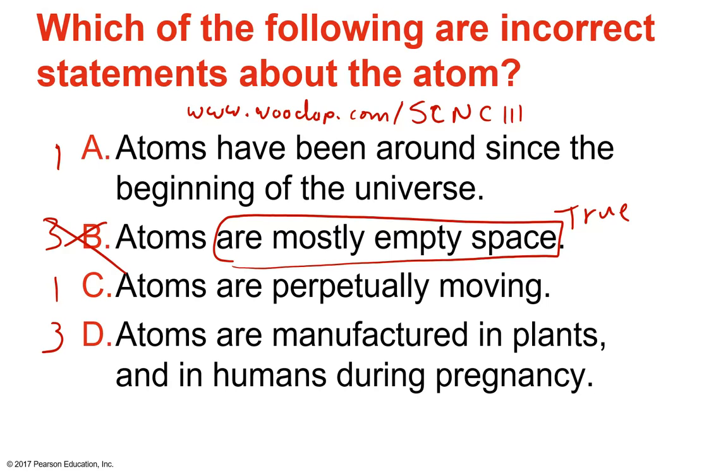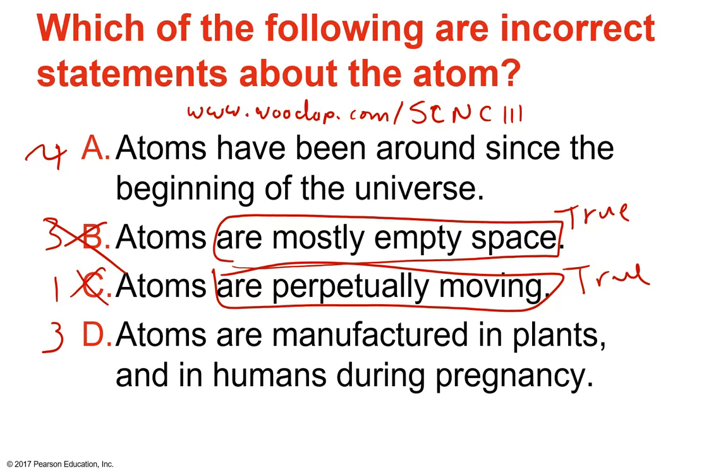Okay, so this one could have been either way. Atoms are perpetually moving. It turns out that that is a fact. Well, we were looking for the incorrect ones. So this is also true, so that wasn't a correct answer.